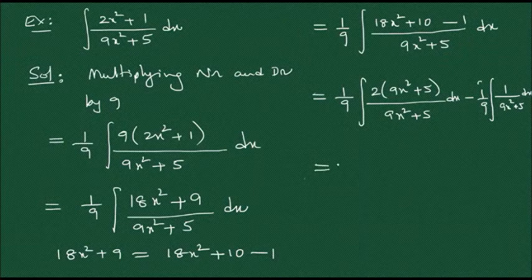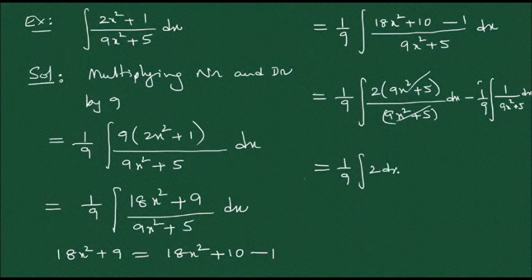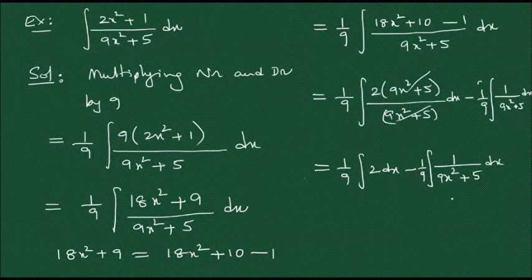Now 1 by 9, this 9x square plus 5 get cancelled, integration of 2 dx minus 1 by 9 of 1 by 9x square plus 5 dx.